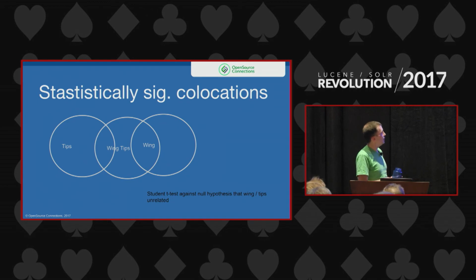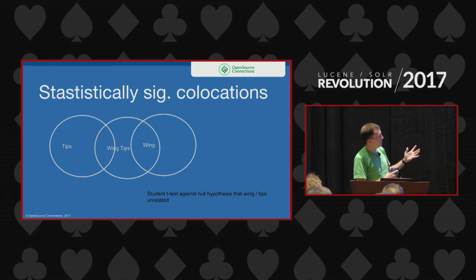It turns out that there are ways to look for statistically significant phrases. There's another fancier term, statistically significant collocations. And I've got to get better at drawing Venn diagrams, because I literally threw this slide together an hour ago.